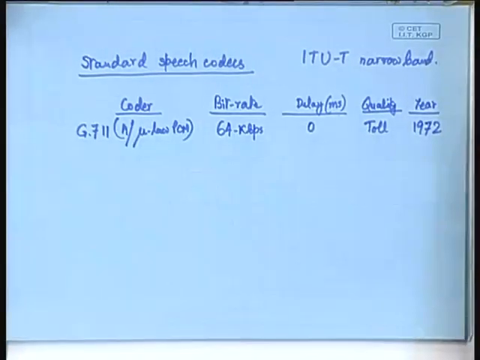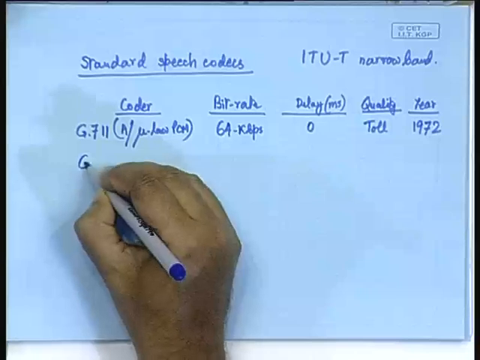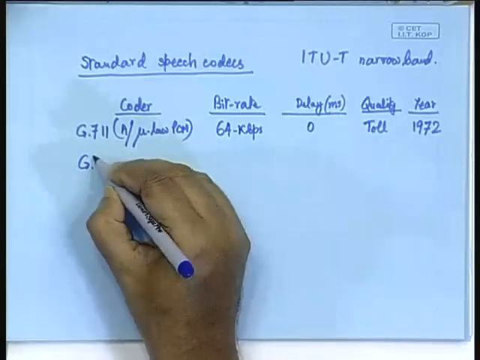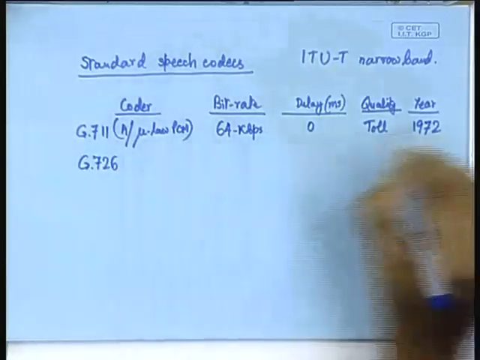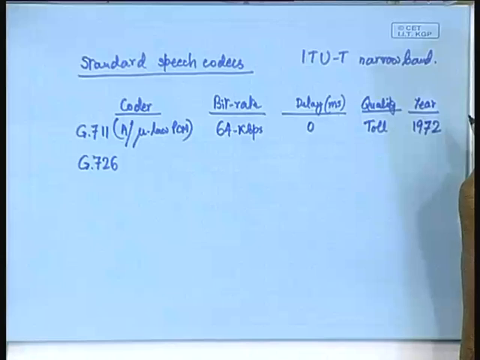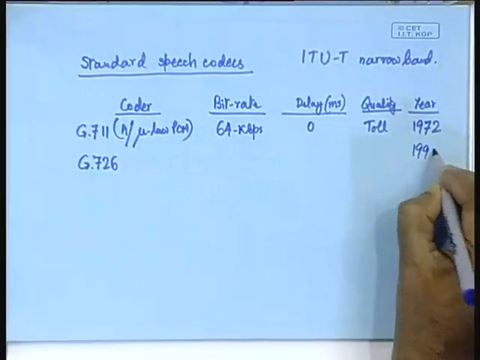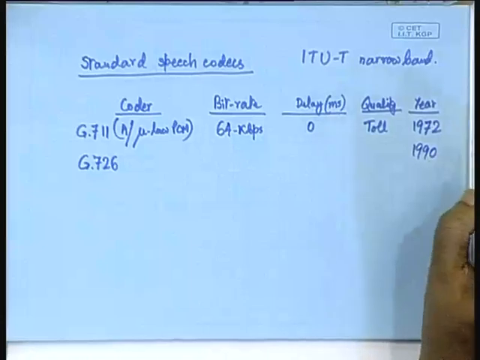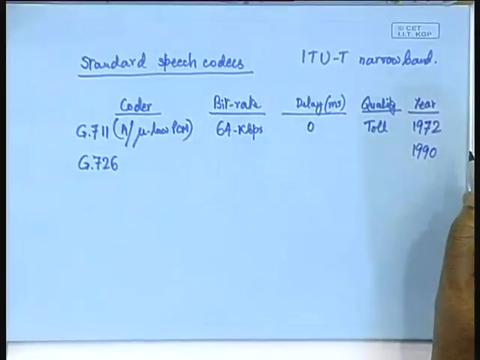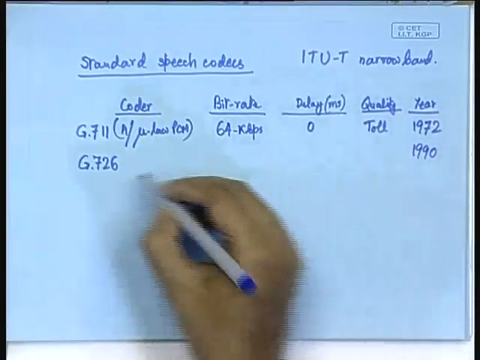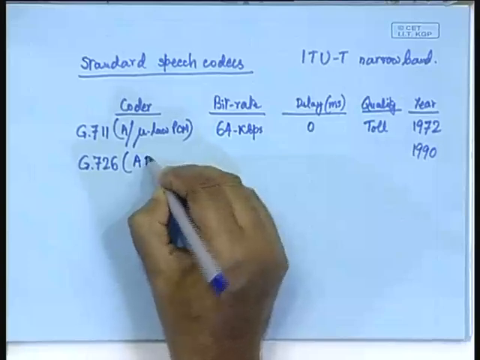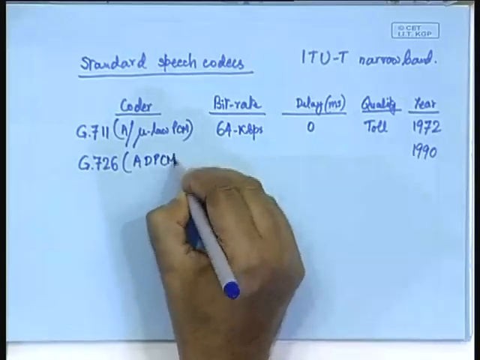The next coder that we have is the G.726. In fact, G.726 came much later, in 1990, and it is based on adaptive differential pulse code modulation, which we call ADPCM.